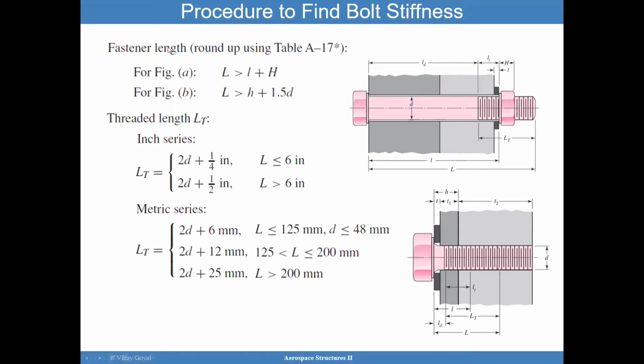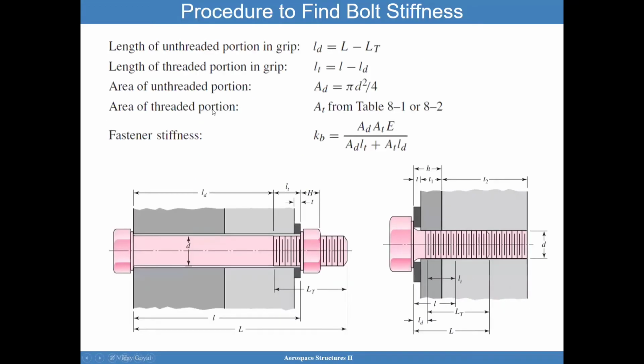The fastener length is also important, but that can be found from the specs. So in general, the fastener stiffness is AD times AT times E divided by AD times LT plus AT times LD. So these are calculations that should be used.